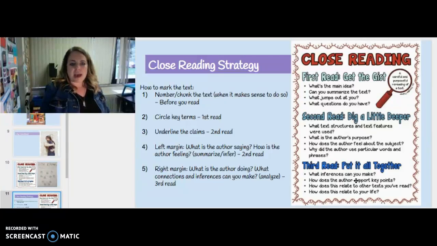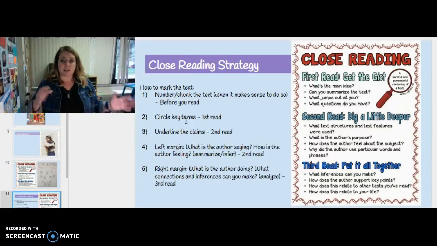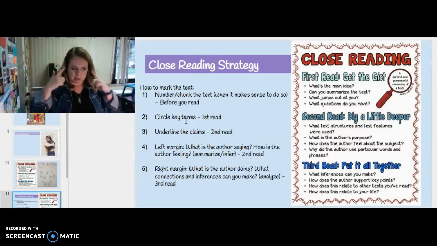So in the past, we've taught students a specific kind of way to mark up a text, because when you do close reading, it often requires you to write things down, because our brains process information differently when we're writing things down. So we want to focus on doing that and making that a regular practice.